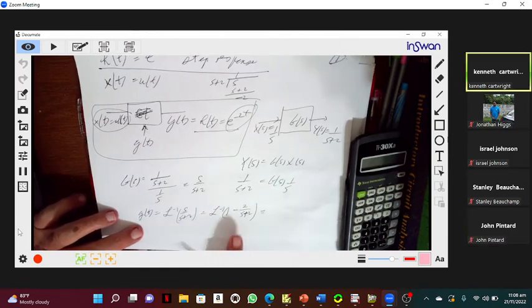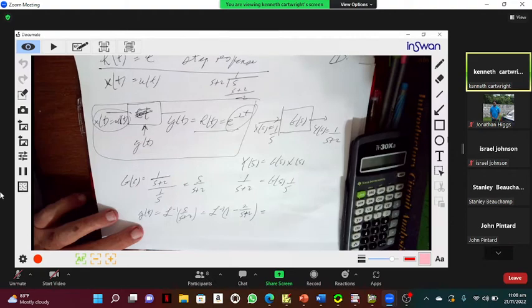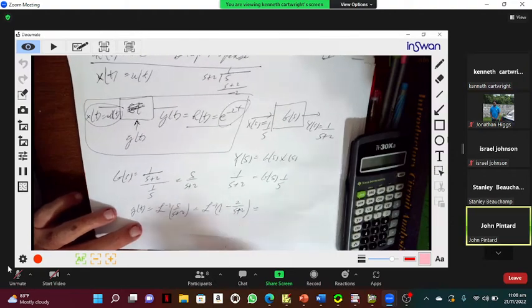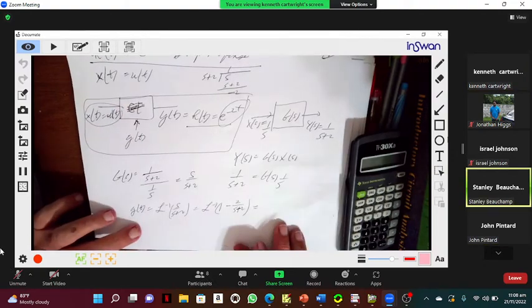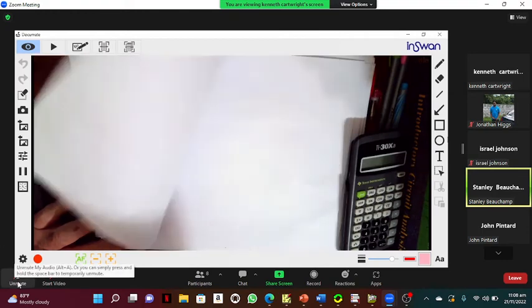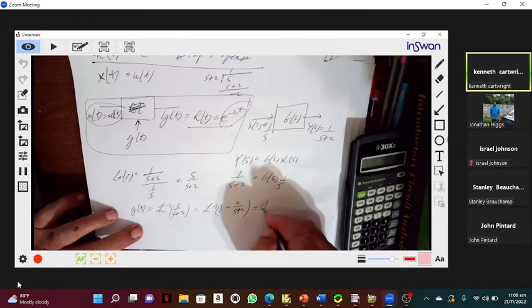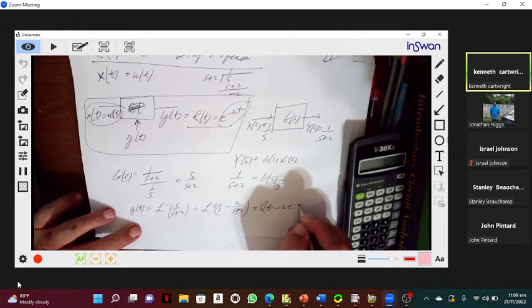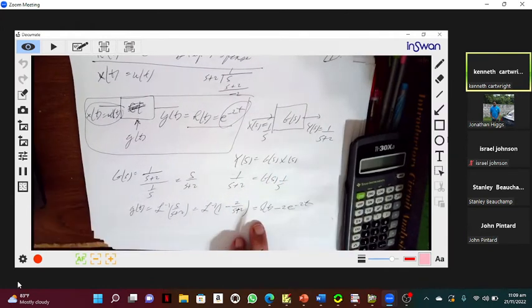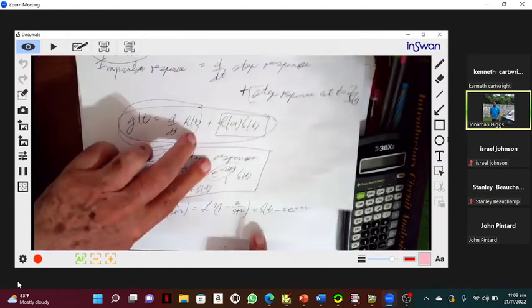What's the inverse Laplace of this? Delta first for the 1. Delta of t minus 2e to the minus 2t. See there?